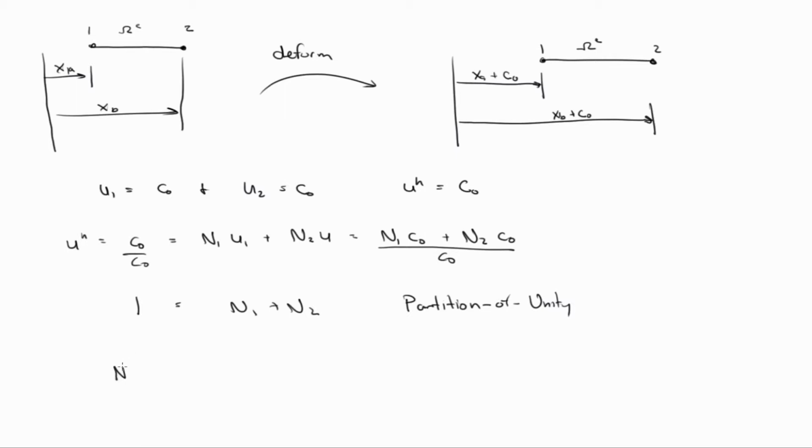The other thing that we observed is that if I take the ith shape function and evaluate it at the jth node, where i and j go from 1 to the number of shape functions, or number of nodes, which are equivalent, then I get 1 when i is equal to j, and 0 when i is not equal to j.